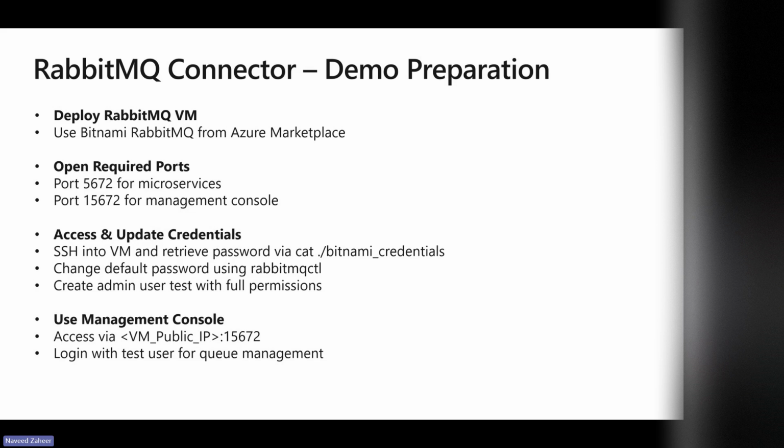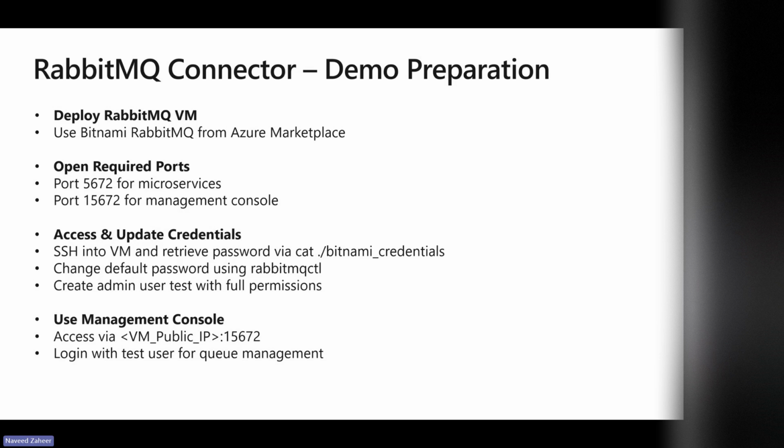Just keep in mind you have to open two ports: 5672 for the broker communication and 15672 if you want to run the management console. We are running the management console, so I recommend you do that. Then there are some steps which require you to create a new user and give them admin access.